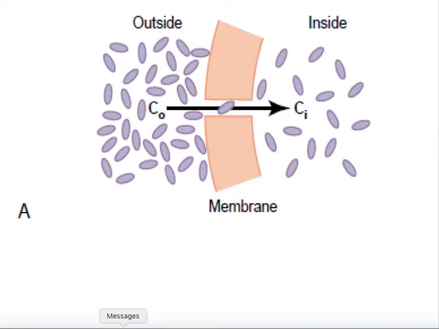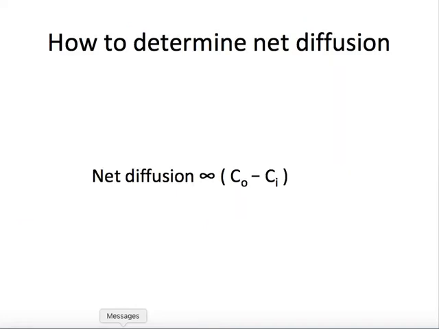And how do we determine this net diffusion rate? For that, we use an equation which shows that the rate of net diffusion is directly proportional to the concentration of the substance outside the membrane and inside the membrane.